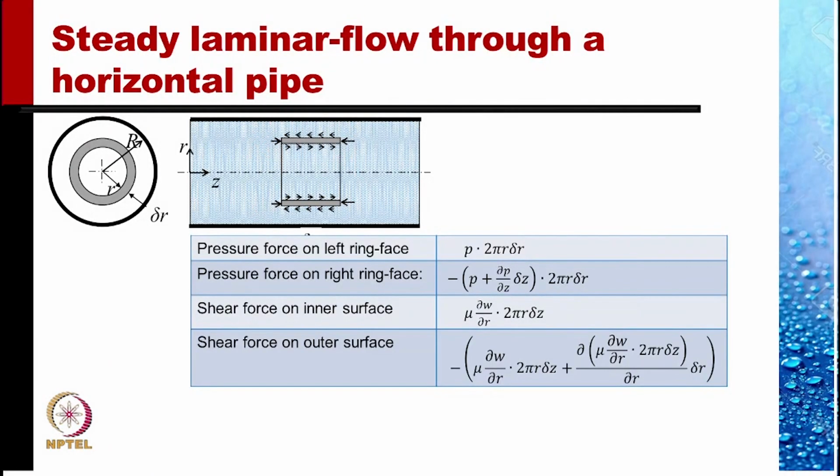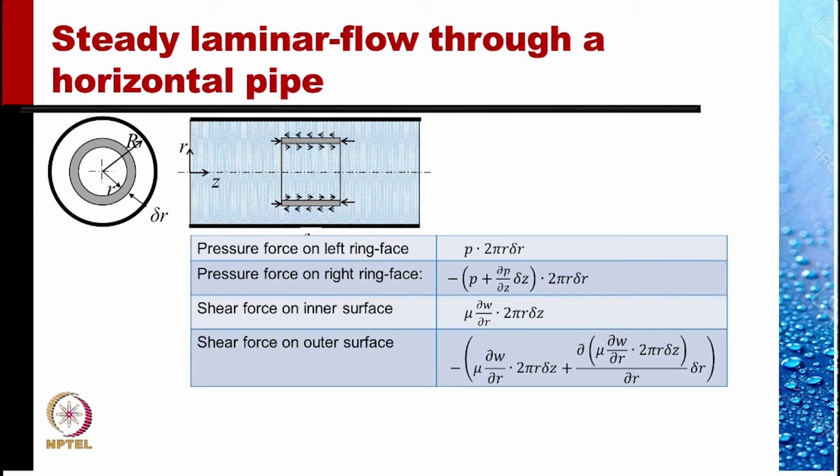So we write the forces. The pressure force on the left ring face would be the pressure at that location P times the area of that ring, which is twice pi r delta r.